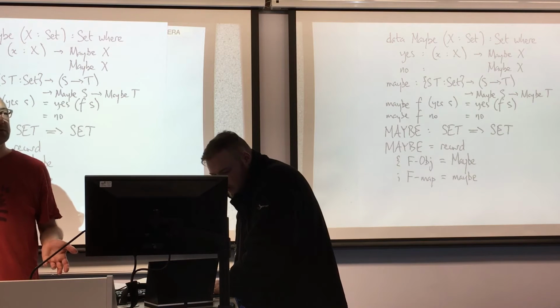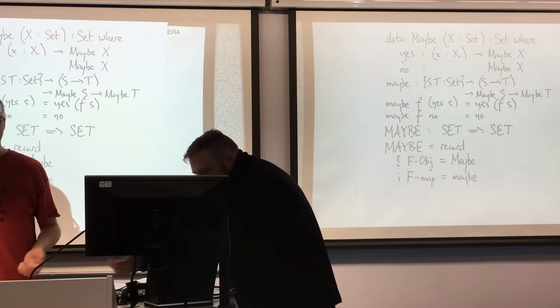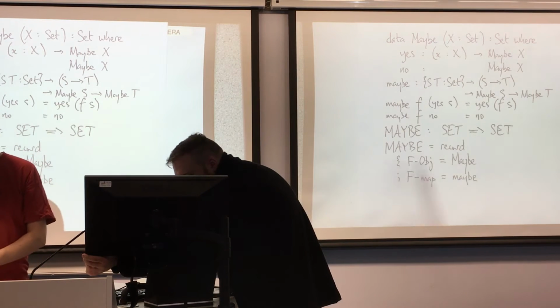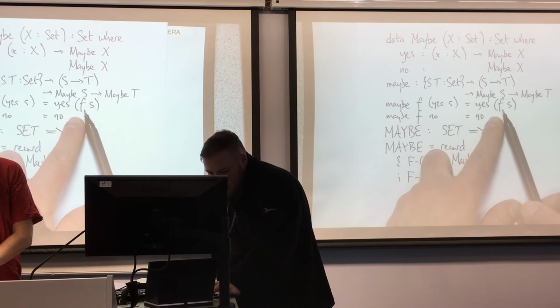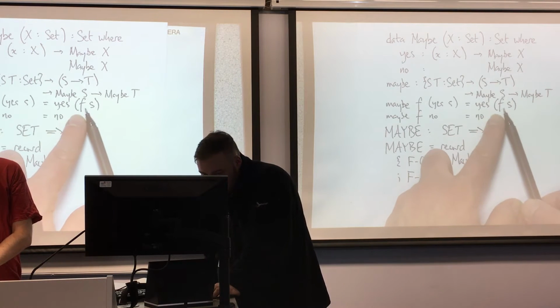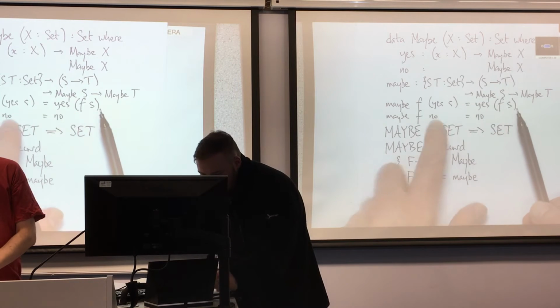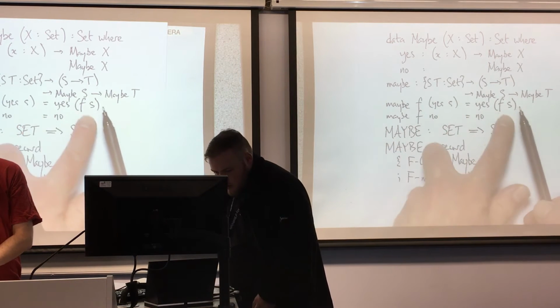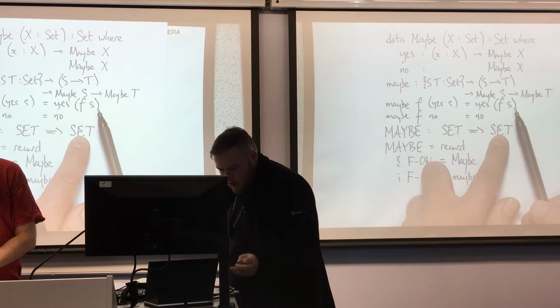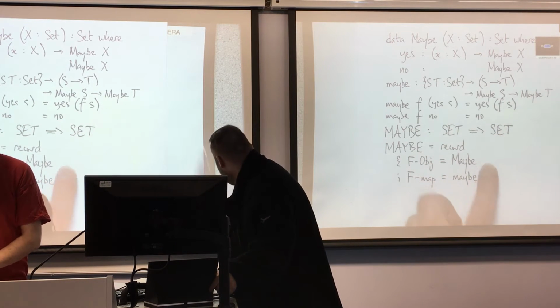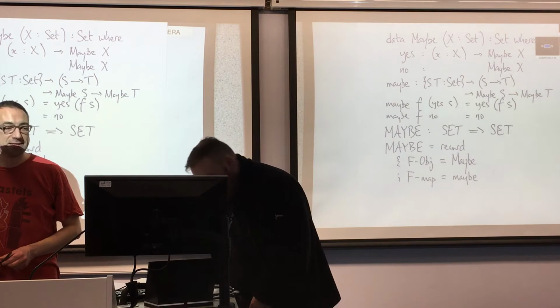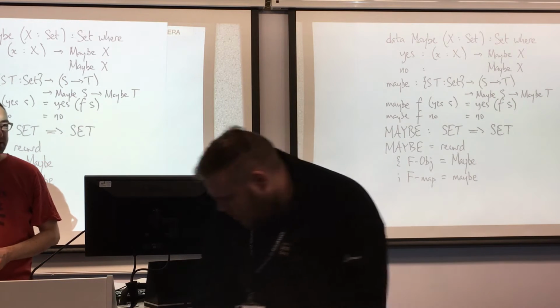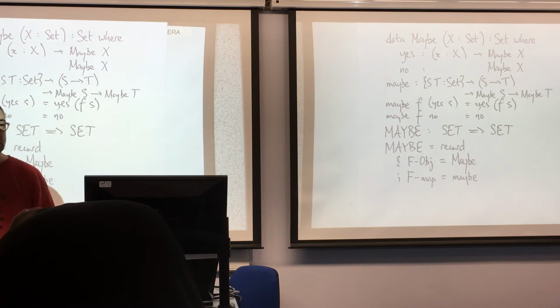What's going to happen? You'll get the same thing back. You can see, if we replace this f by the identity function, we'll just have the identity function applied to s, and our maybe operation will turn yes s into yes s and no into no. So it will indeed map the identity function on elements to the identity function on maybes.